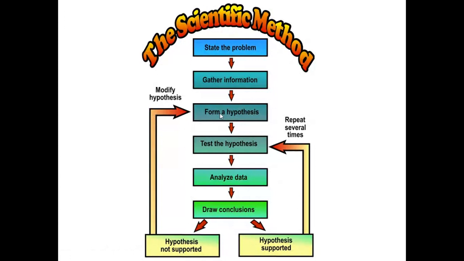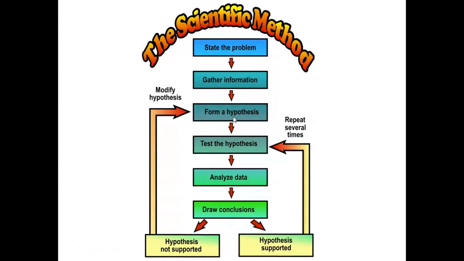You set it up differently, redo it, and you probably get different data, and you might draw different conclusions. This is how science works. You just keep repeating the process multiple times.